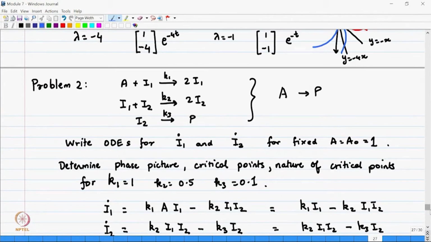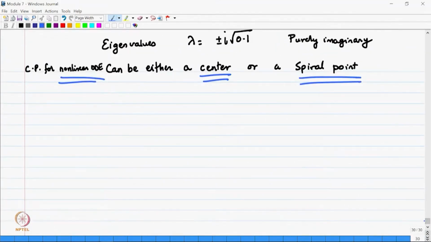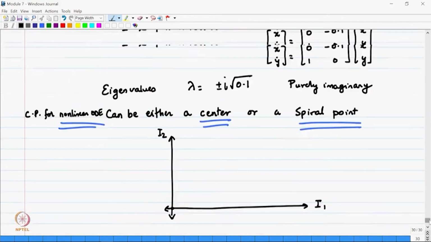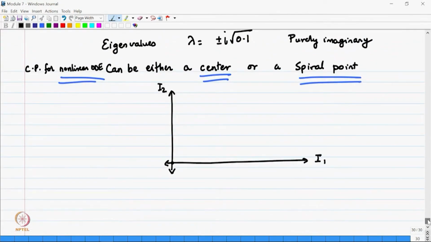Okay. So what does the phase picture look like? Let us just try to draw some characteristics of the phase plane. So I1, I2, the 0, 0 is a not so interesting point, but the other point is given by I1 that is 0.2 and I2 that is 2.